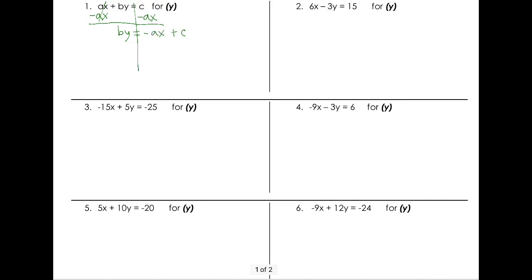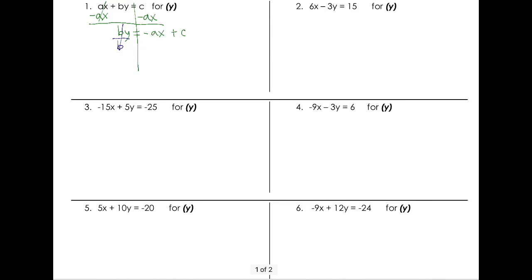Now here we have by, which is also known as b times y. We want to get the y by itself, and since that is multiplication, we have to divide to get the b off of there. Divide, which is the inverse or opposite of multiplication.